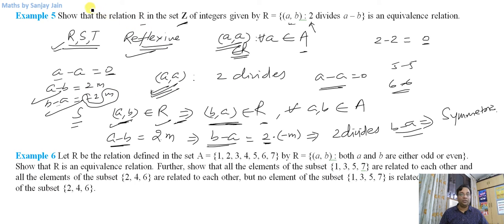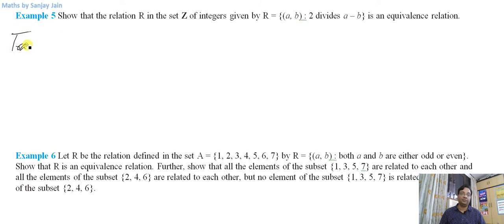Now let us talk about transitivity. Let me erase this. I have already proven it to be reflexive and symmetric. Let me work on the transitive portion now. So a minus b, let us say, is 2m. That means a minus b is divisible by 2, or 2 divides a minus b.